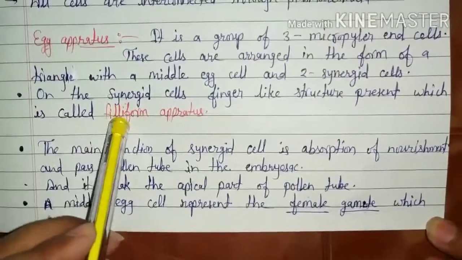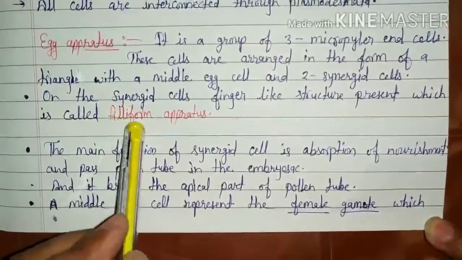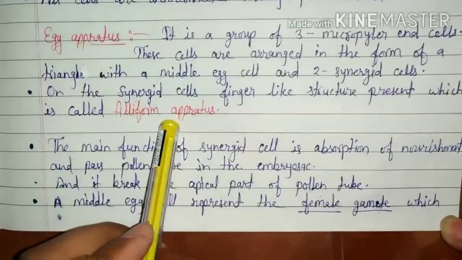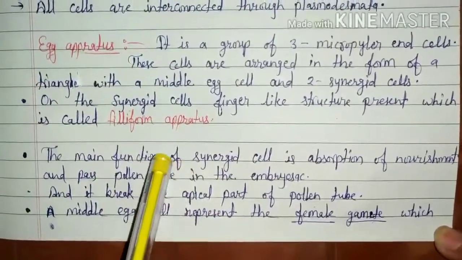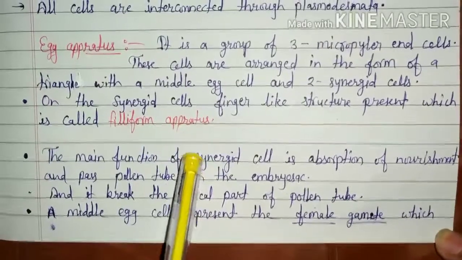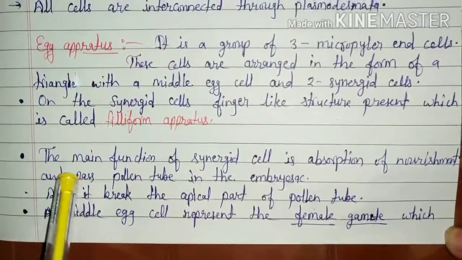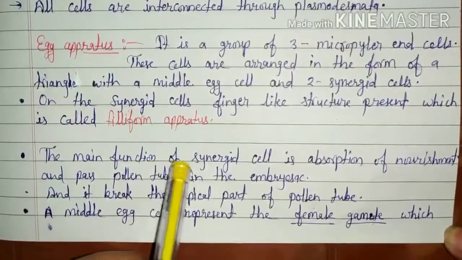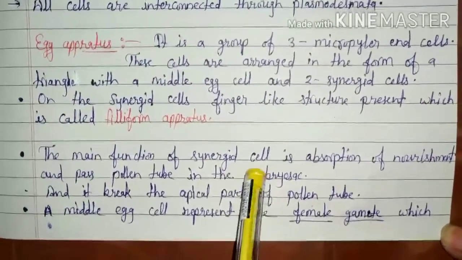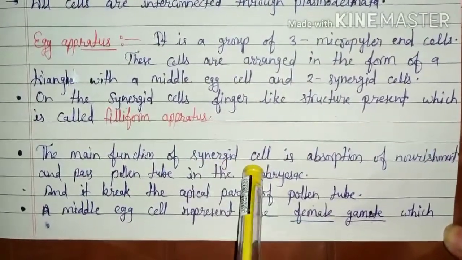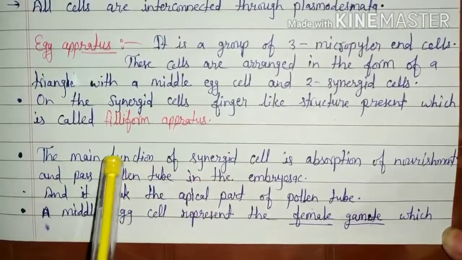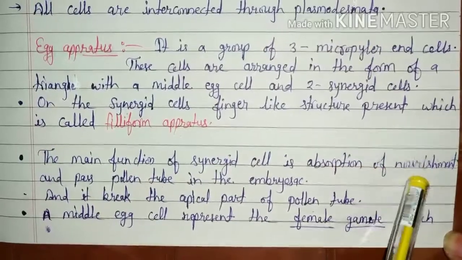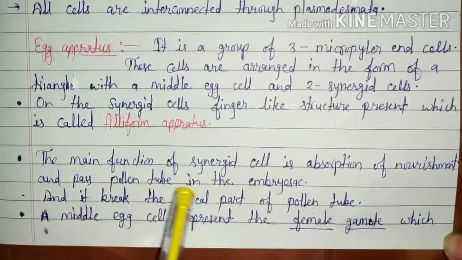It helps the pollen tube for male gamete entry, and the 2 synergid cells, which are also known as helper cells or accessory cells of the egg apparatus, their function is absorption of nutrition and to pass the pollen tube into the embryo sac.